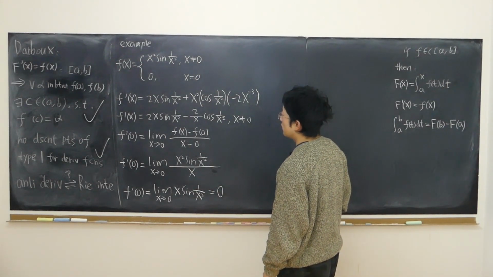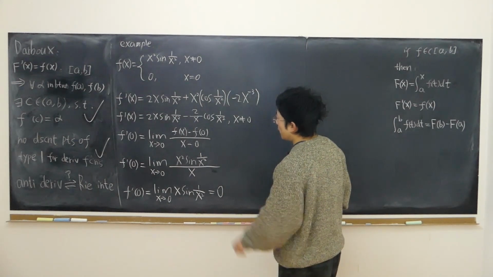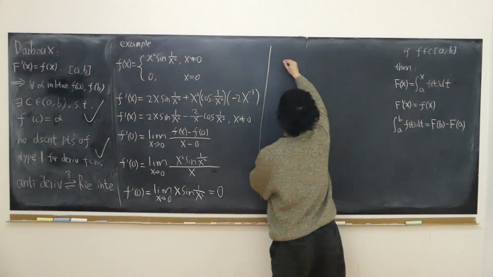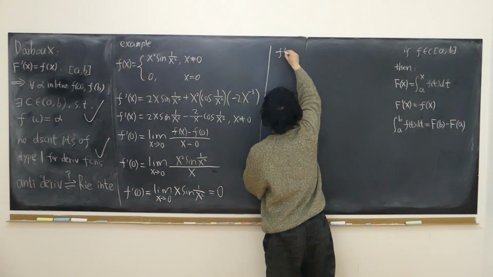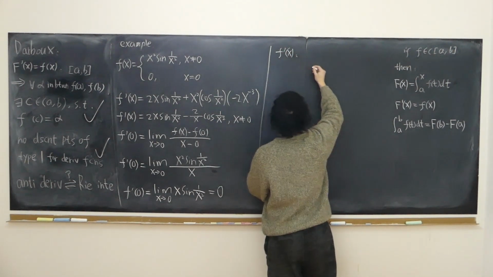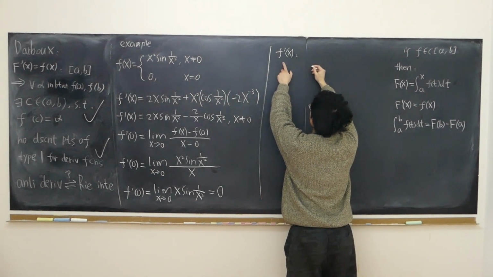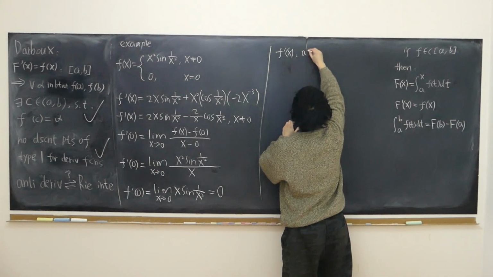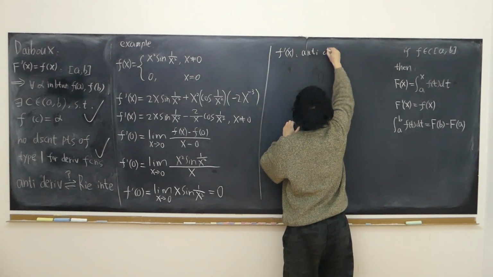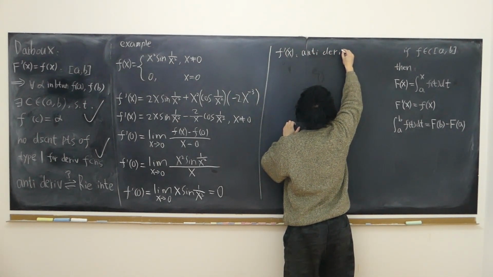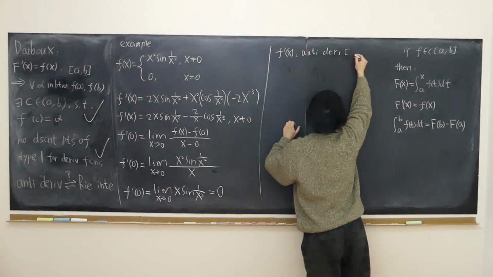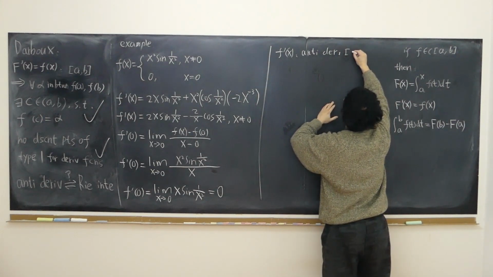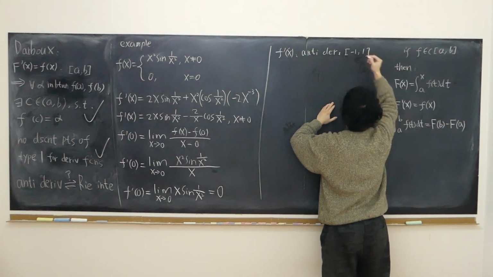No problem. So this f dash of x, also as a function, actually has an antiderivative over the interval, for example negative 1 to 1.